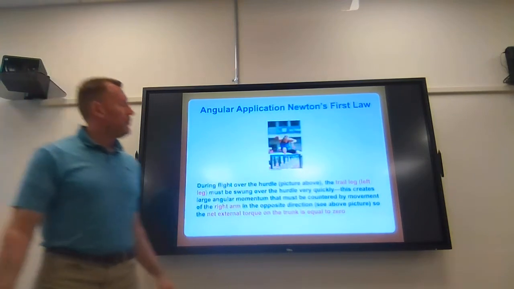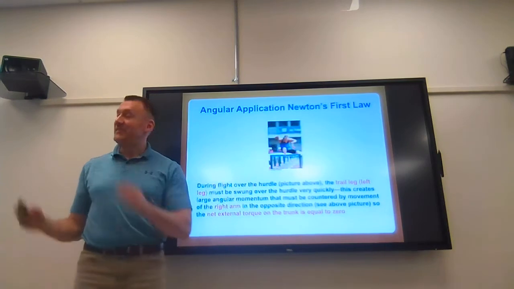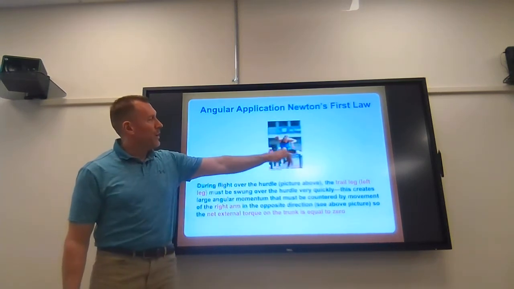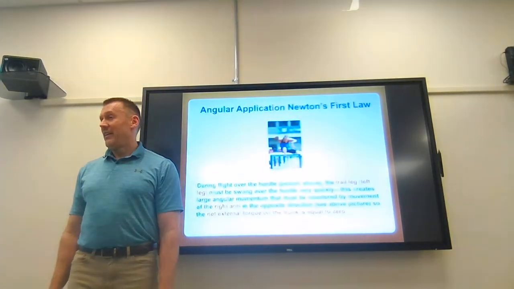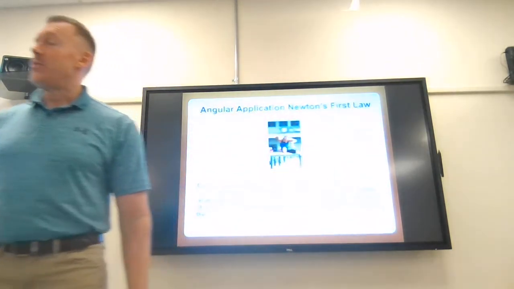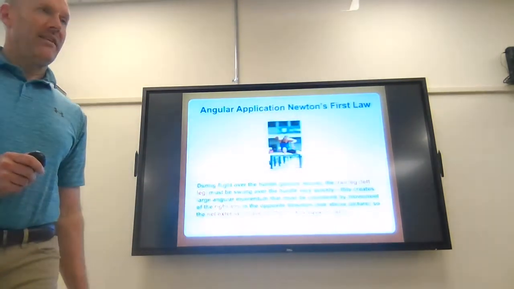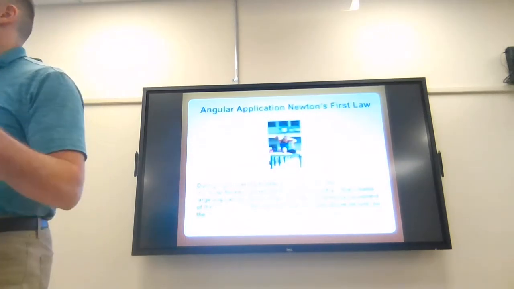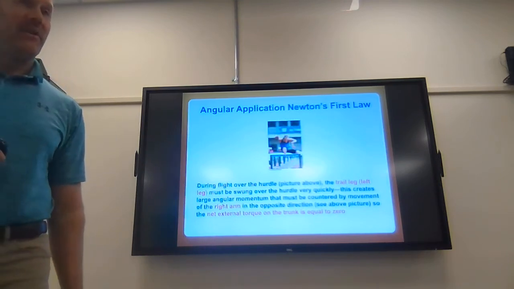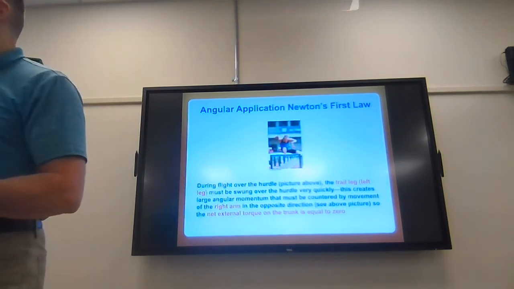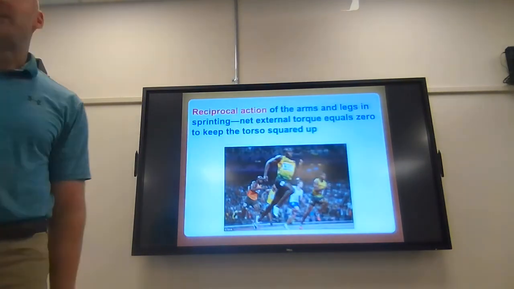If we have a hurdler moving the left leg forward, and you have to imagine this leg's going to whip over the hurdle like that, then we have to have the right arm move back. And so we have equal and opposite torques that act around the axis of the body. Because torques are equal and opposite, that's a good thing, because that's what keeps our bodies squared up as we continue going over the hurdle or sprinting around the track.